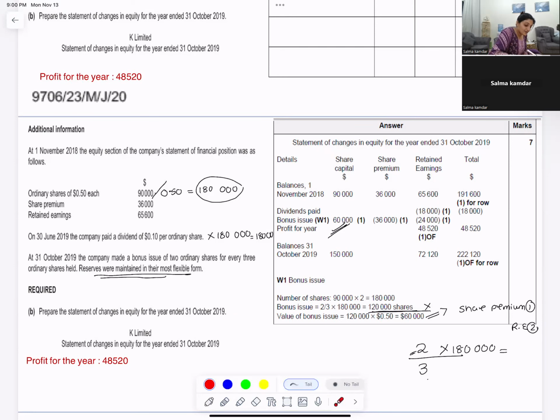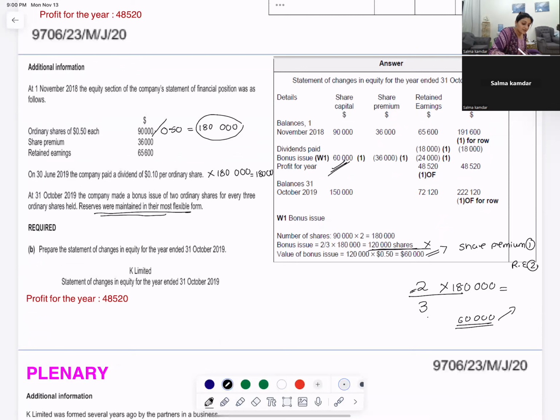So share capital is increasing and your retained profits would decrease. First you would reduce 36,000 out of share premium, and the balance would be out of retained earnings.